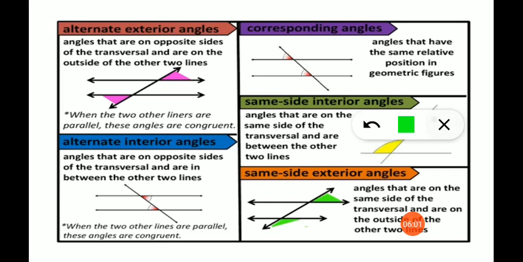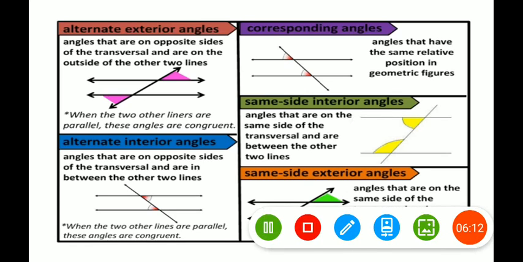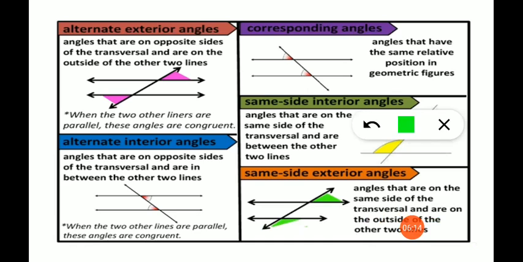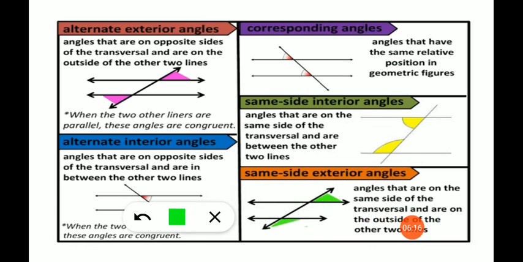Then we have same side interior angles. Again, interior means in between the two lines, and since they are saying same side, it means the same side of the transversal. If this side, then this side, otherwise if this side, then both should be on this side. And same side exterior means the same side of the transversal, and it will be the exterior side.